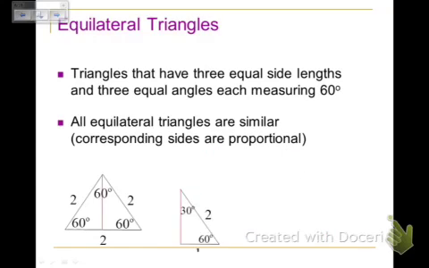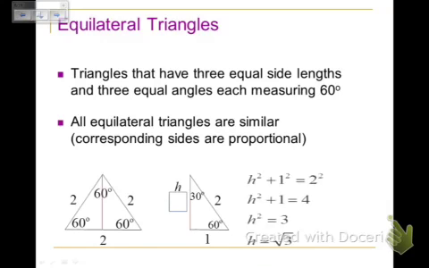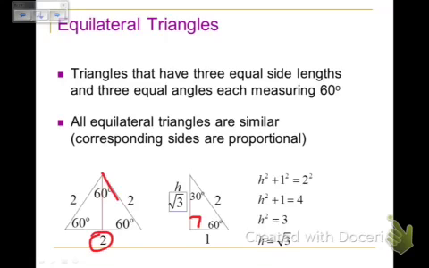Well, what we can do is we can cut that in half actually, and we can create this little right triangle here. And I'm just cutting 2 in half. I get 1. This side stays the same right there as 2. And then I found this side right here using the Pythagorean theorem and square root of 3.